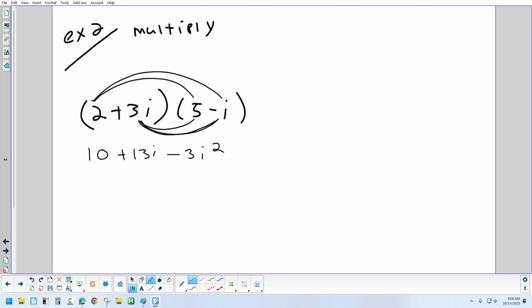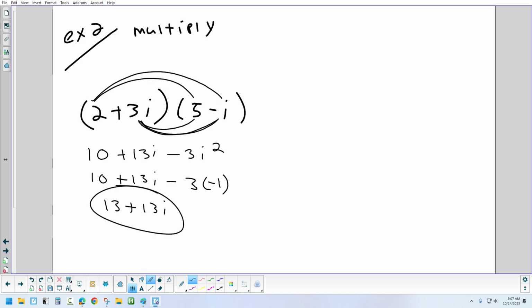Okay, so now we've got 10 plus 13i minus, what did we say earlier i squared is going to change into? Yep, -1. So really, we're subtracting 3 times -1. We're subtracting -3, which is going to become +3. Just a coincidence, they both ended up as 13 in the real and imaginary. That doesn't always happen.